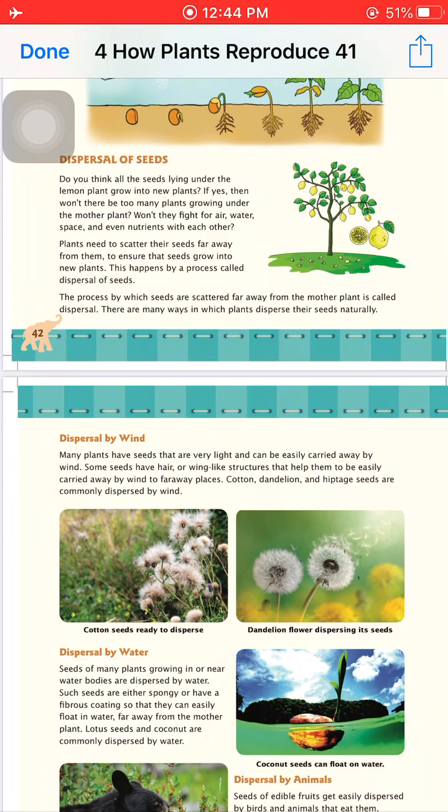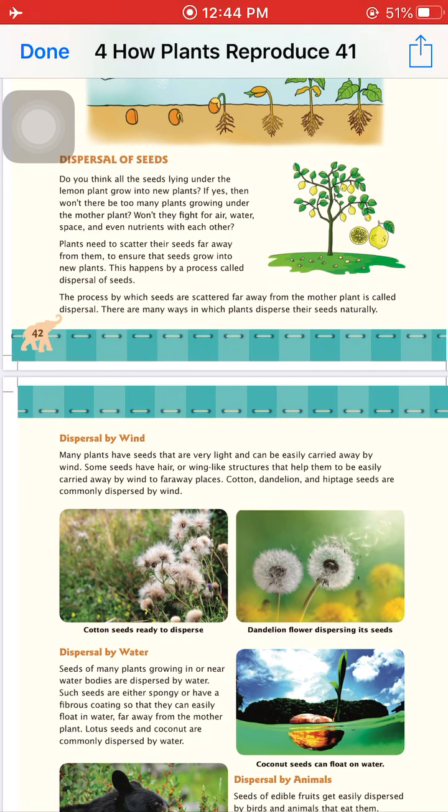First we read about dispersal by wind. It means how the seeds are scattered from one place to another with the help of wind. Many plants have seeds that are very light and can be easily carried away by wind.